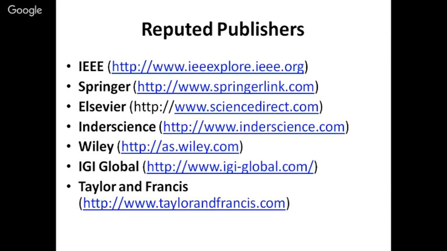I think some of you may know about IEEE. It is well known amongst students and researchers. IEEE is one. Springer, Elsevier, InterScience, Wiley, IGI Global, Taylor and Francis. There are some other publishers also.